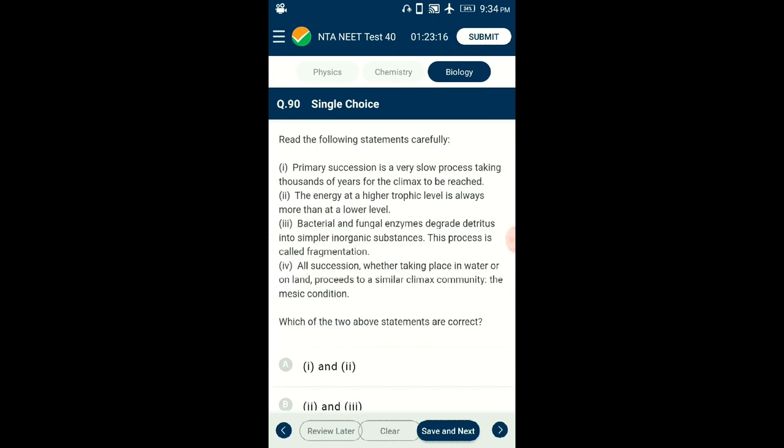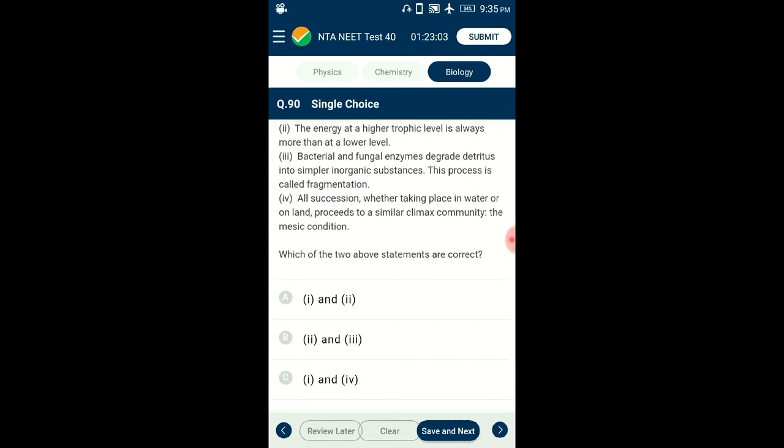Question number 90 is the last question. Read the following statements carefully. Here there are 4 statements given. From the 4 statements, which 2 statements are correct? Pyramid of energy is always upright and can never be inverted because when energy flows from a particular trophic level to the next trophic level, some energy is always lost as heat at each step. Additionally, energy at a lower trophic level is always more than at a higher level.